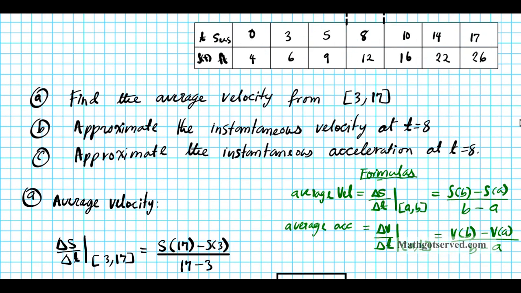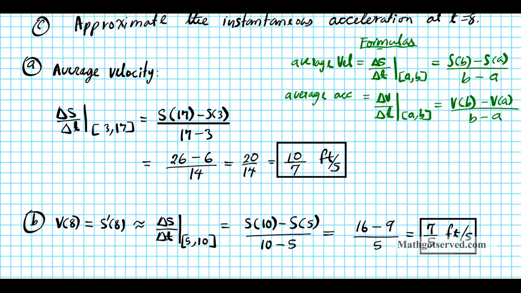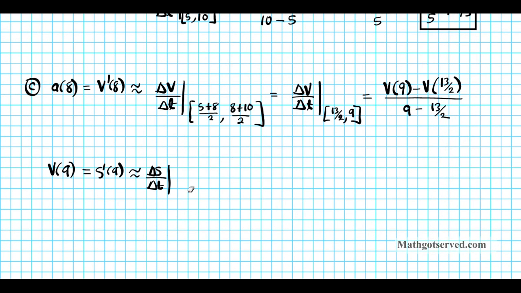What's the interval around 9? Let's scroll back up. The interval around 9 is 8 and 10. So we're going to be going from 8 to 10 to calculate the average velocity. Using the formula we went over upstairs, we have s of b, which is s of 10, minus s of a, which is 8, divided by b minus a, which is 10 minus 8.